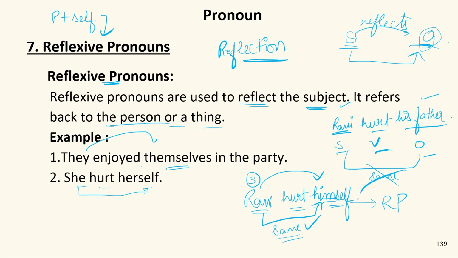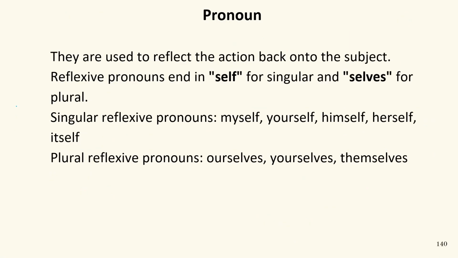Now how to use a reflexive pronoun? There is a trick, there is a pattern to use a reflexive pronoun. Let's discuss it now. Let us see how to use the word self. We know well that we have first person, second person, and third person.